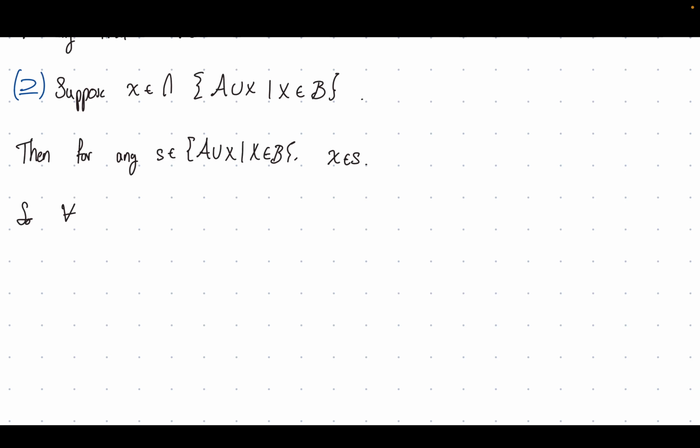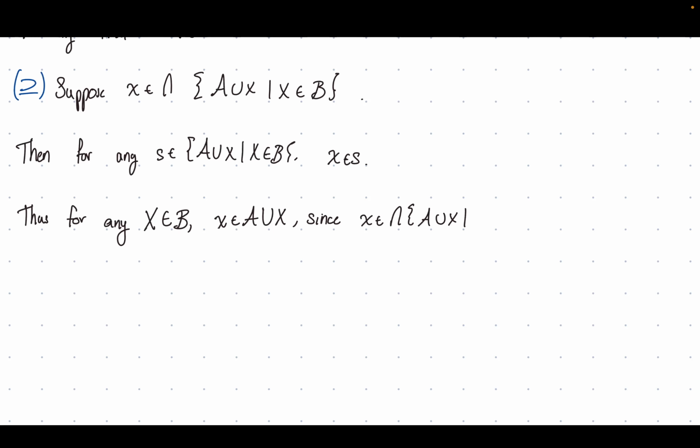Let's see, how do we phrase this? For any big X in B, little x is in A union X, since little x is in the intersection of the aforementioned set.